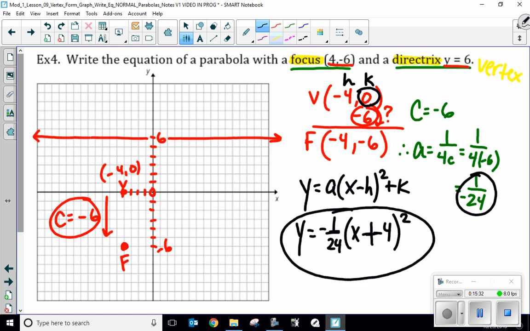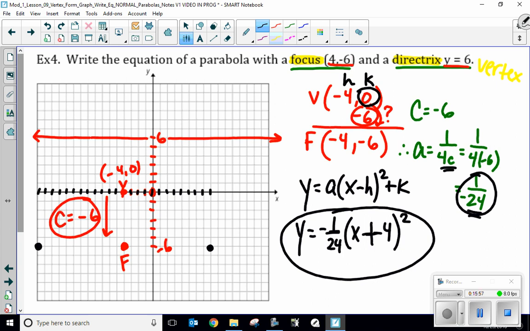I'm not going to graph this because my focal width 4C is 24. I'm not going to go 12 right and 12 left. I might not even have the space in this graph. But 1, 2, 3, 4, 5, 6, 7, 8, 9, 10, 11, 12. At the focus, it would come out this far. 1, 2, 3, 4, 5, 6, 7, 8, 9, 10, 11, 12. Oh my God, I had the room.